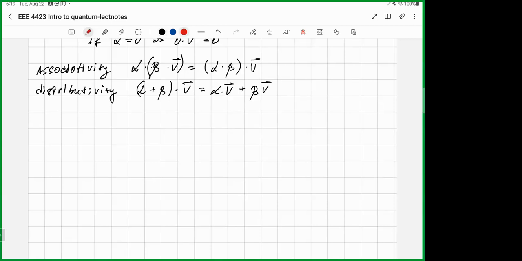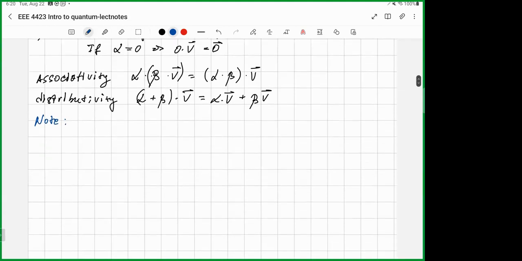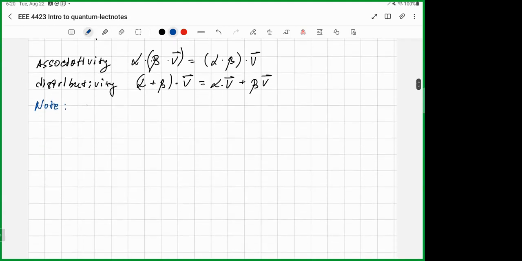And at this point, I would also make a note about how we denote this product or multiplication. Here we write this as a dot between the letters, like alpha times v. In the literature, you can also find just alpha v, and we will also use this, skipping the dot.